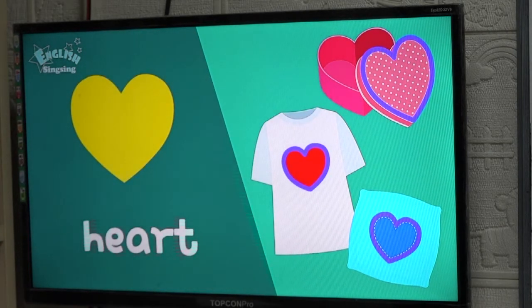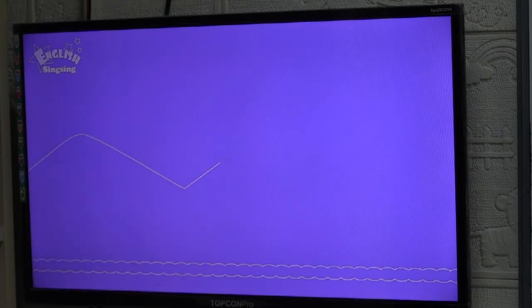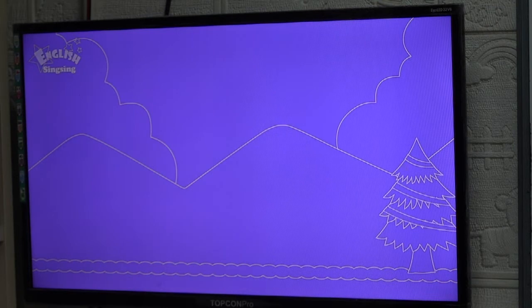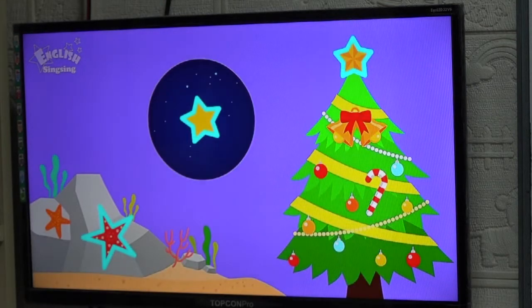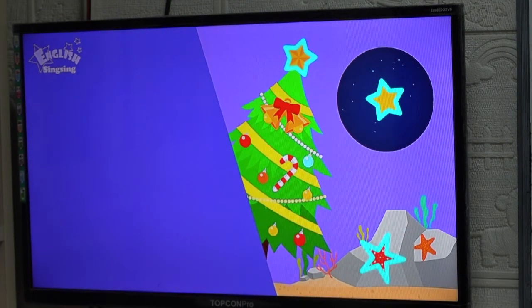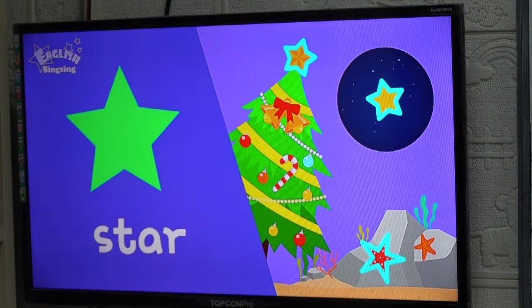Heart, heart. These shapes are stars. Star, stars.